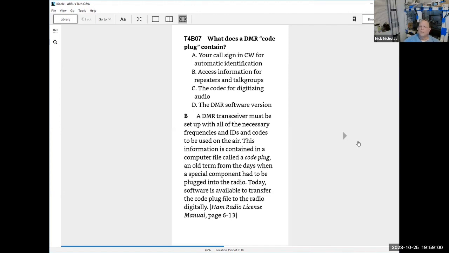The full answer down here below helps you to understand this. A DMR transceiver must be set up with all the necessary frequencies, IDs, and codes to be used on the air. They were designed originally for commercial purposes, so they made it kind of awkward because they wanted to be able to have different users that didn't get the same messages and the same transmissions, say for different companies or different user groups.